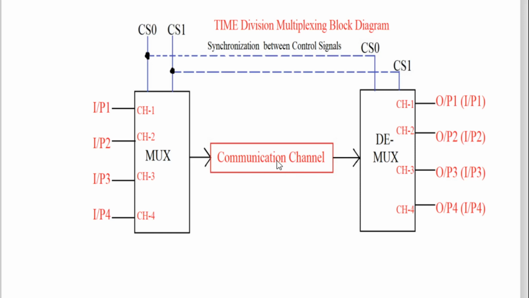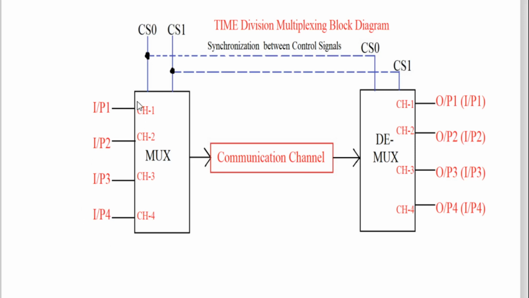And it is observed that the communication which is taking place is very efficient in the sense that bandwidth utilization is efficient. We have only 4 kilohertz bandwidth, but we are going to use that 4 kilohertz bandwidth for 4 subscribers or 4 information signals.